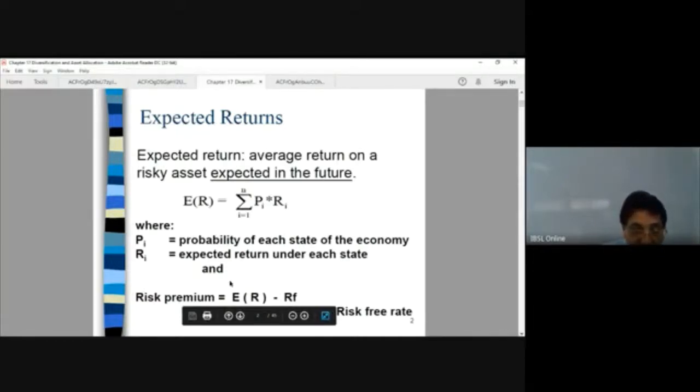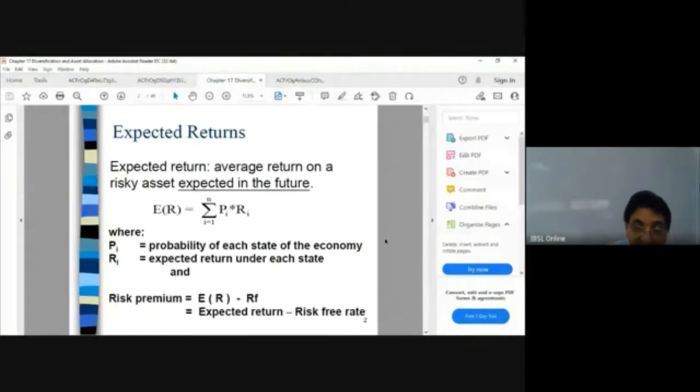So in this slide, the main concept here is the risk premium.